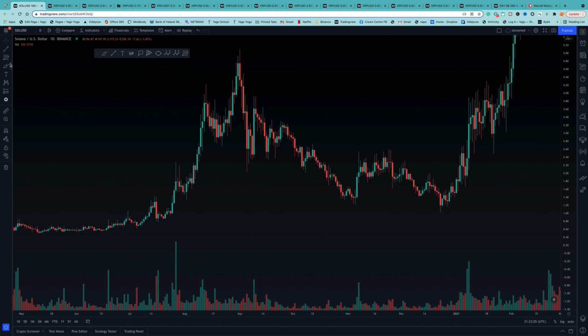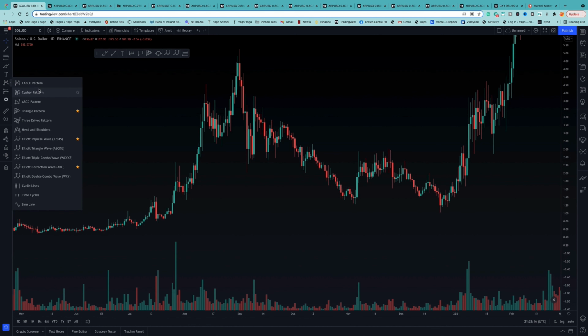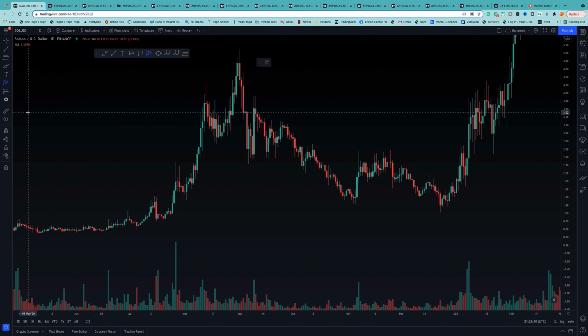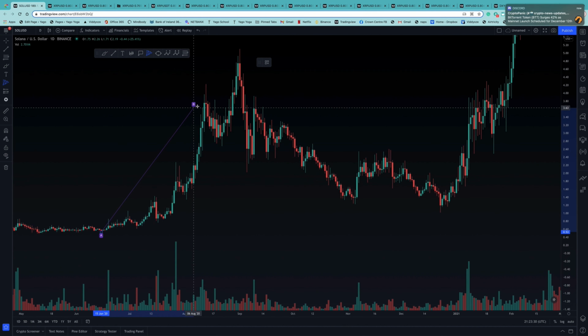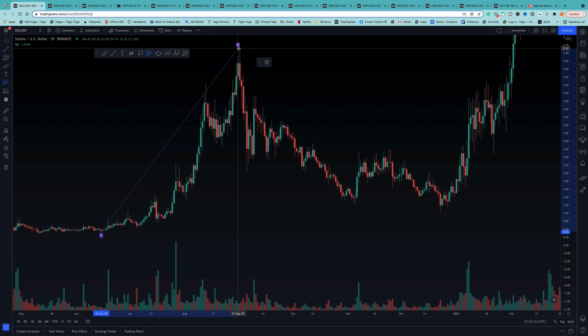So now I'm going to come to the sidebar here, and 1, 2, 3, 4, 5, 6 down. Give it a click. And 1, 2, 3, 4 down. There's the triangle. Okay. So what I'm looking for is a bottom here, and then there's a top.